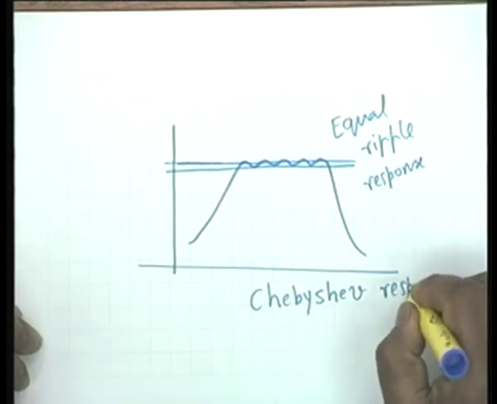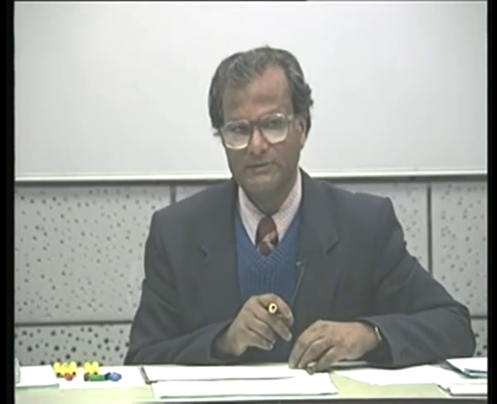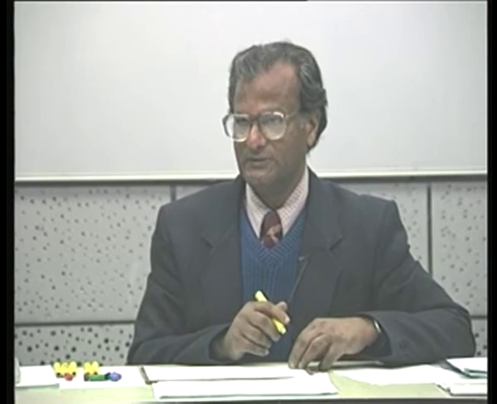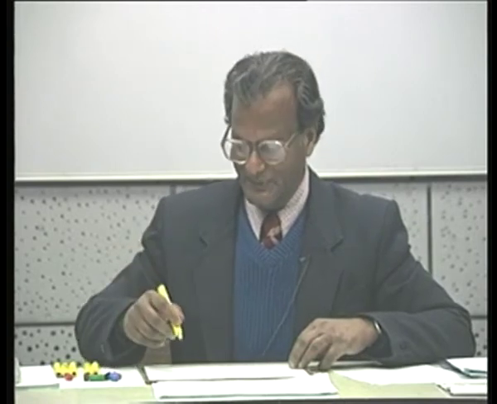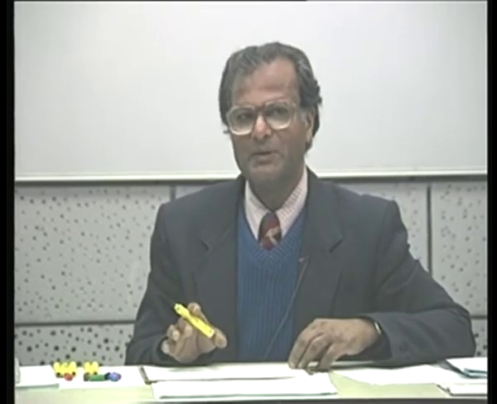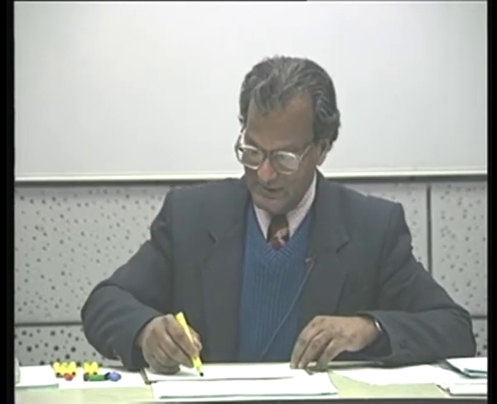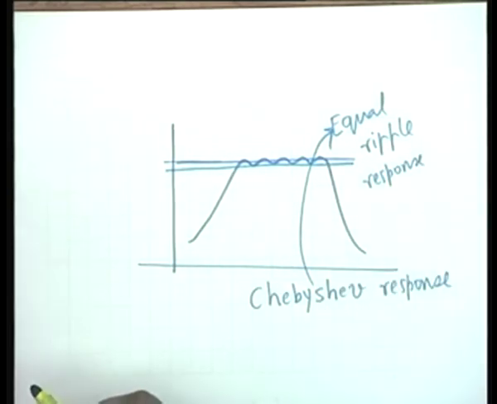The name is derived from the mathematician Chebyshev, who first gave a polynomial named after him, Chebyshev polynomials, which are equal ripple in nature. This is why such circuits are also called Chebyshev band pass filters. Mind you, Chebyshev is associated with equal ripple. Ripples should be equal.